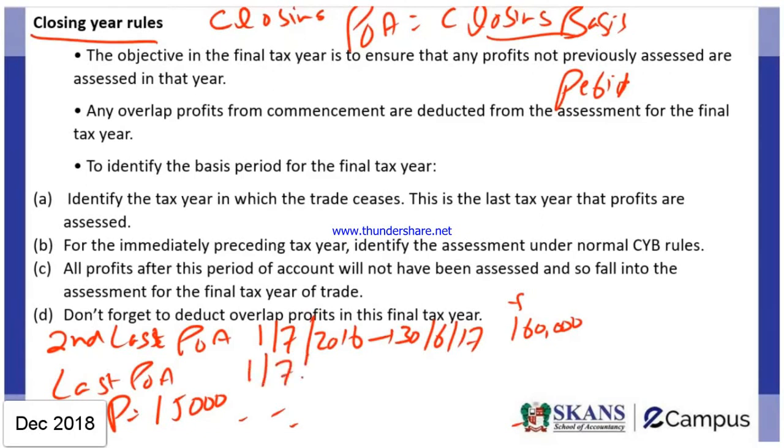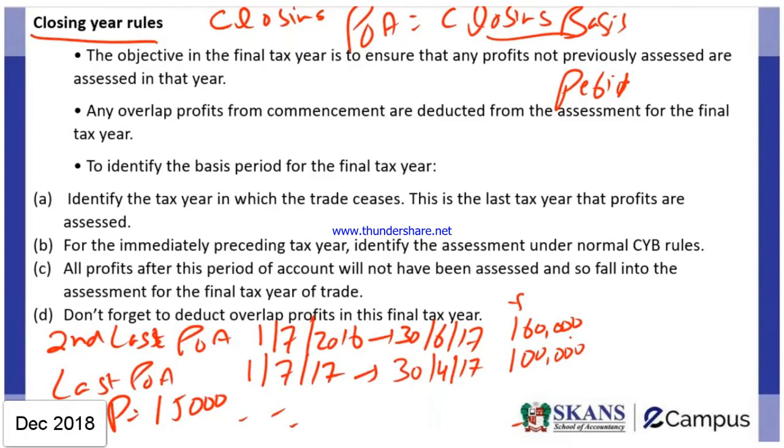And then from July 2017 to 30th April 2018, maybe this is the case, and the profit is 100,000. Now, as you see in front of your screen on the slide, I made an example. Maybe it appeared in front of you in an examination question.